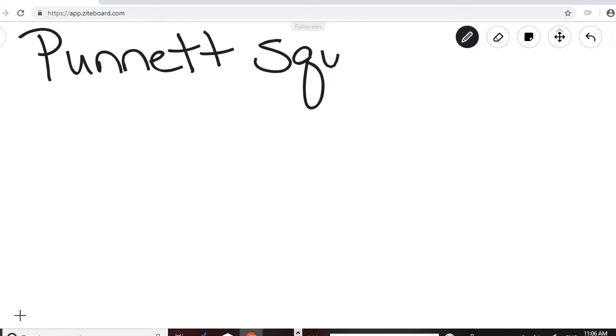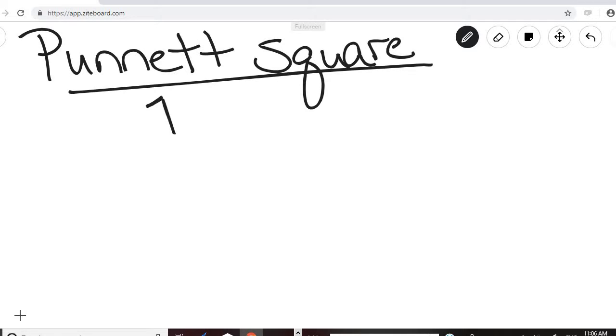And that technique is called a Punnett square. We're going to start by looking at Punnett squares that deal with only one trait. But they'll get more complicated, and you can look at multiple traits at a time. But we're going to start with just one trait.